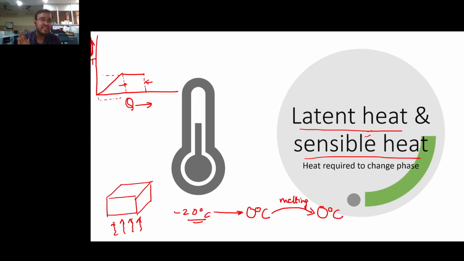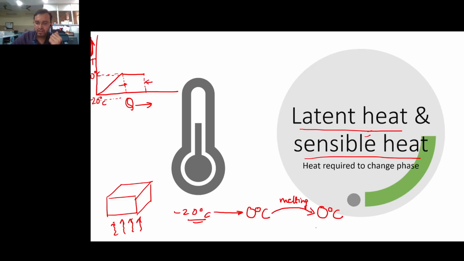The entire heat that you have added into this block of ice has been used up simply to change its phase. The temperature remains the same. So this flat bit, your temperature is remaining the same, at about 0 degrees Celsius. We started with minus 20 and now you're ending up at 0.